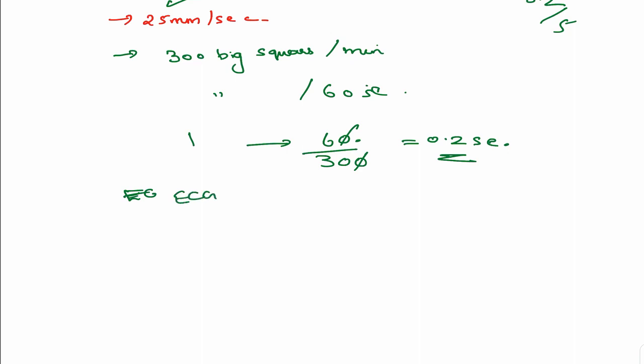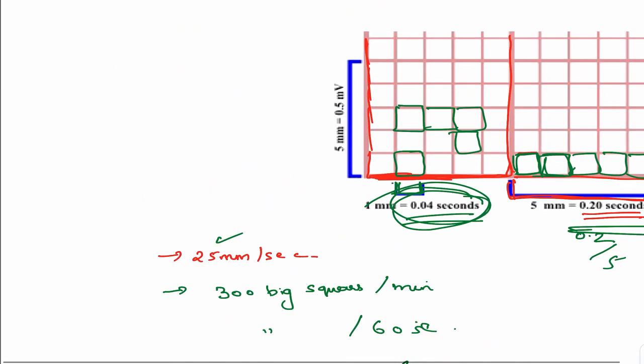The ECG needle covers one small square, very important, one small square, in 0.04 seconds.